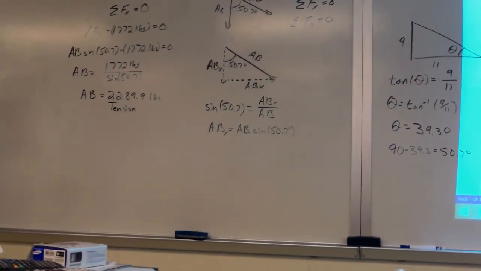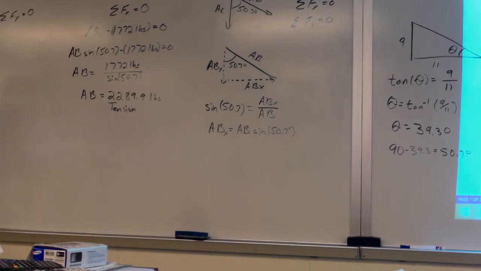Okay. Now we need to solve for AC. I'm going to say summation of forces in the y direction equals 0. Is FAY going to be positive or negative? Positive. Is FAY pointing up or down?